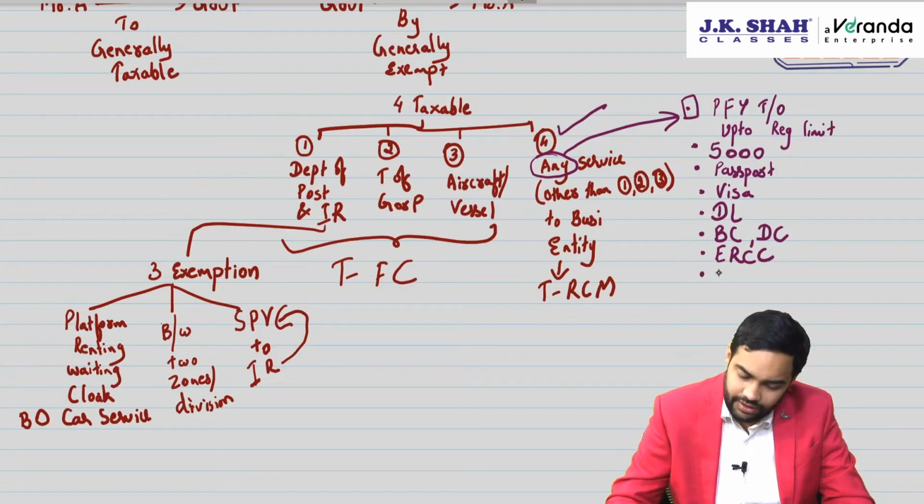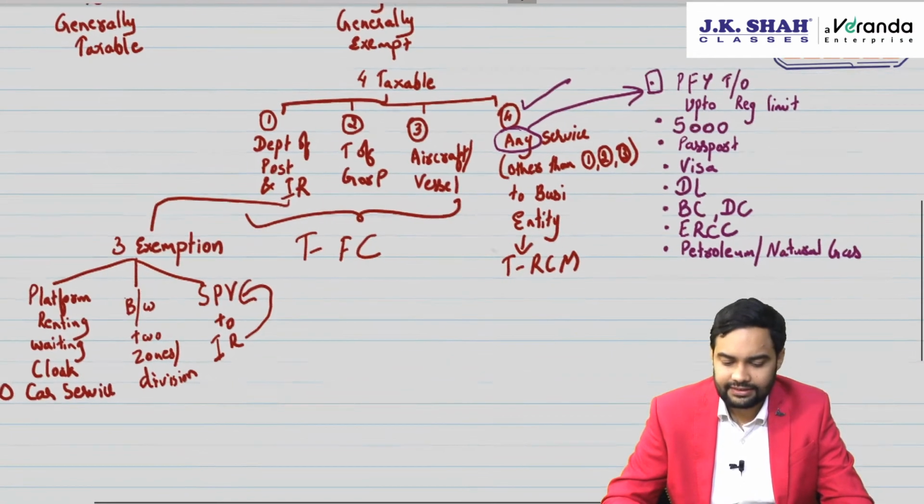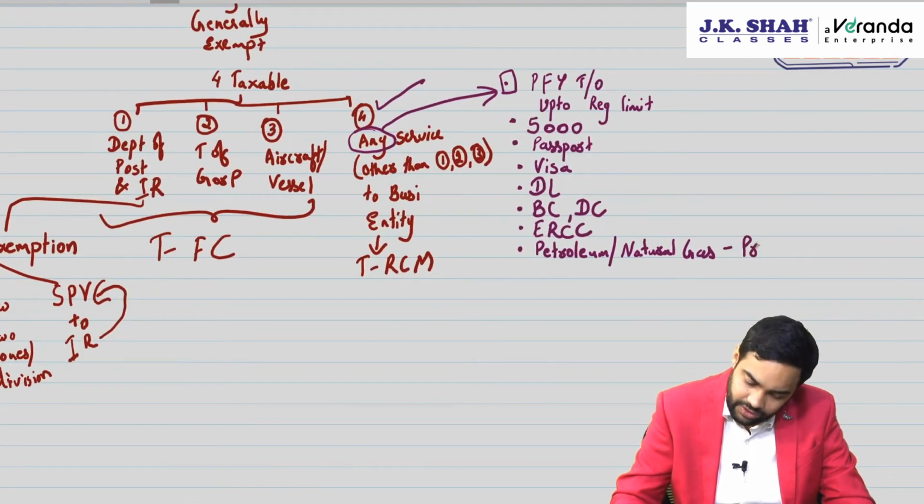Then you have minerals, which is petroleum or natural gas extraction, and then those rights to extract petroleum and natural gas, that has been exempted. This is called as profit petroleum.